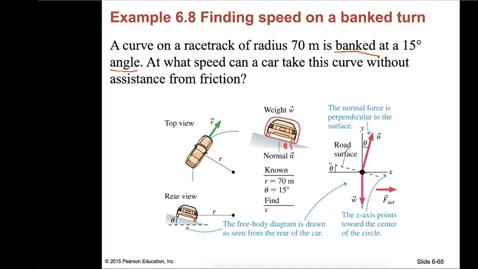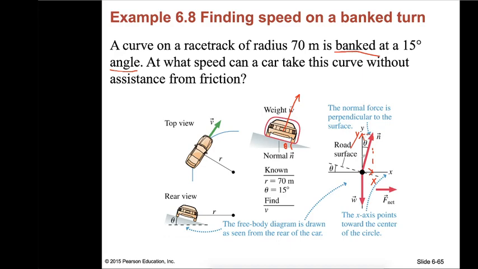Let's take a free body diagram here. In this case, the normal force on the car is perpendicular to the surface, which is in this direction, and the weight is in that direction. So the normal force can be divided into two components, x components and y components.